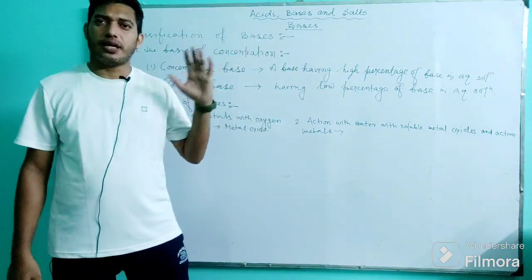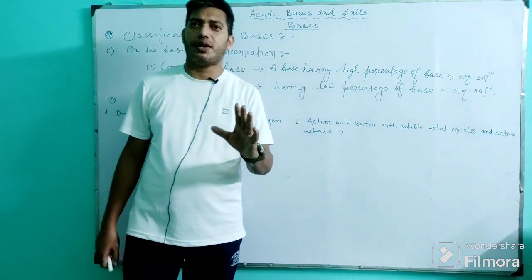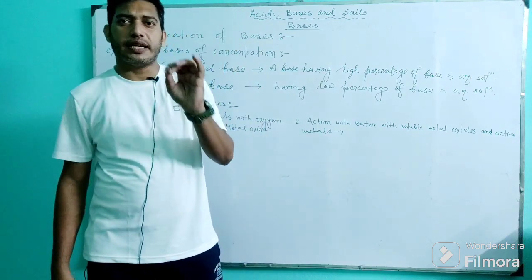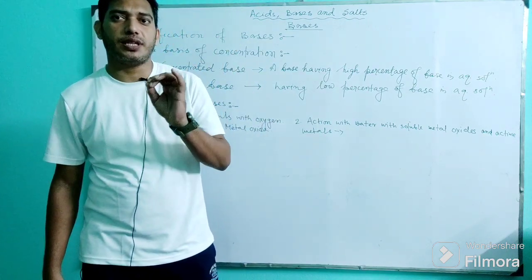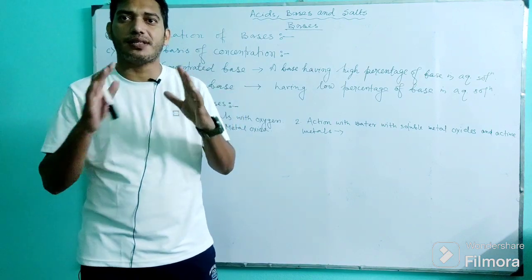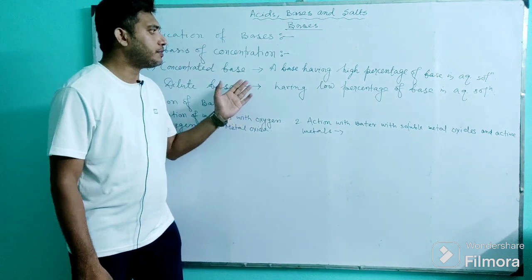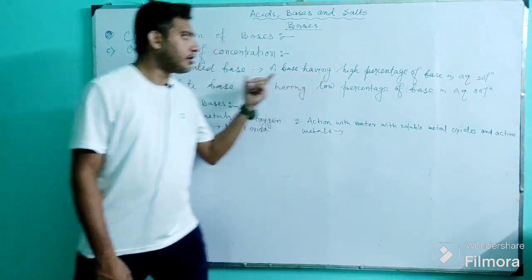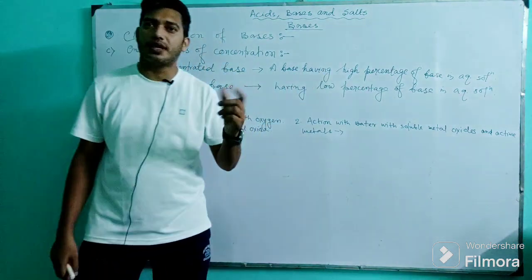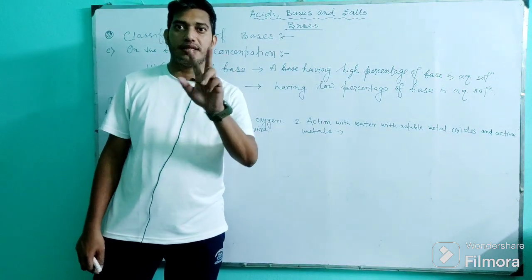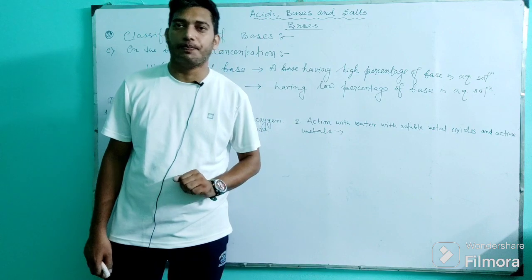Earlier we discussed the strength of bases, where we have to discuss the measurement of OH ions, and here, in concentration, we have to discuss the amount of base in aqueous solution. This is the major difference between these two.